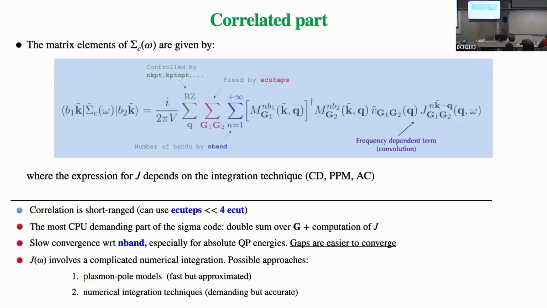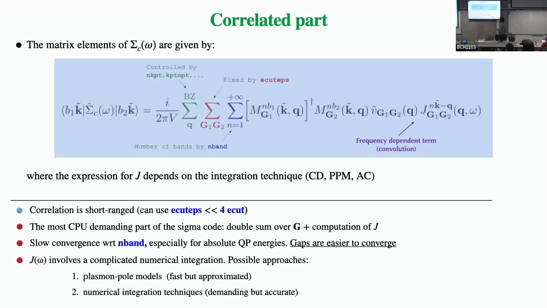This is the expression for the correlated part. I don't know if you have realized that in the Fock operator we only sum over occupied states. So the exchange part at the GW level is way faster than the correlated part, because in the correlated part we have again the sum over Q points in the full Brillouin zone, and a double sum over plane wave indices that enter here, and matrix elements.